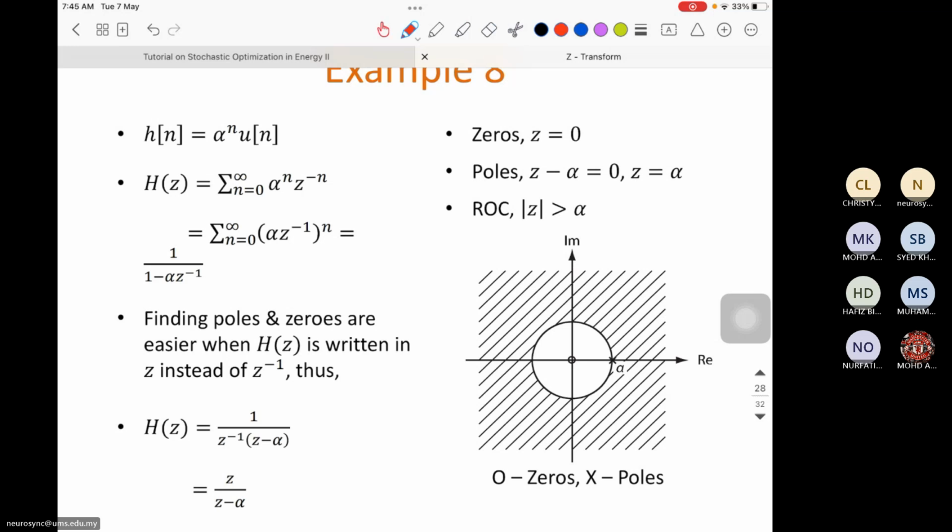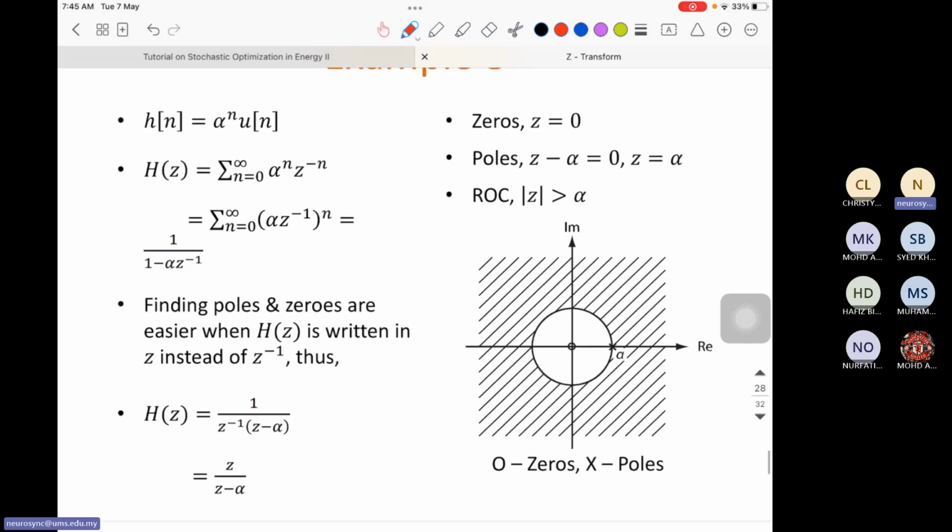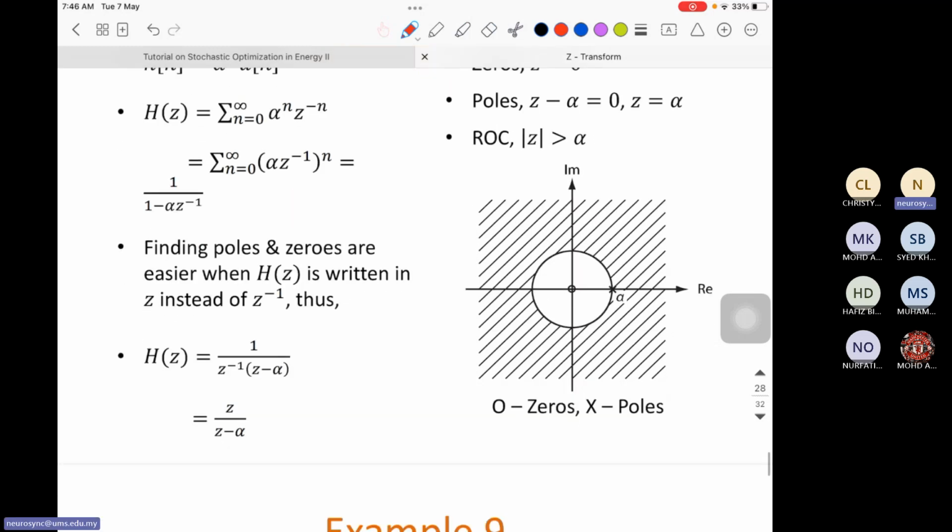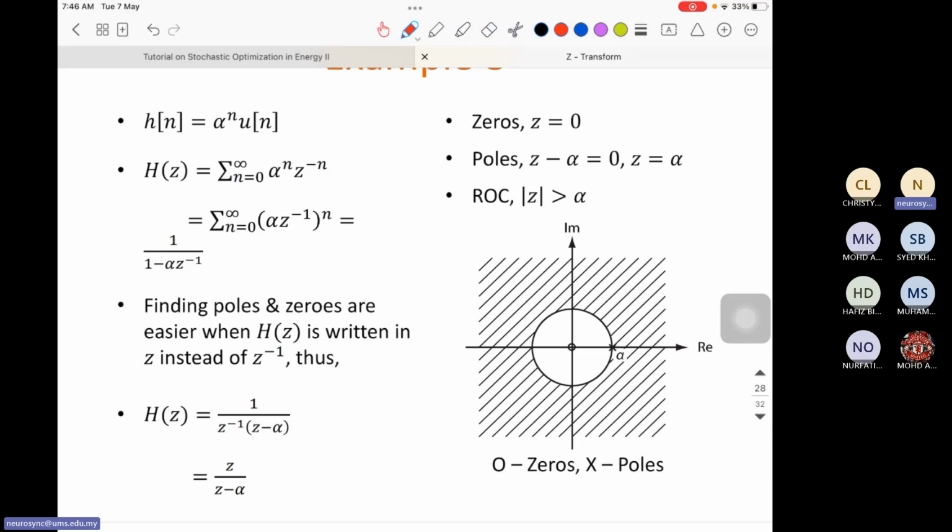Now look into the poles and zeros of this system. Look into this expression: how to find zeros and poles of the system.